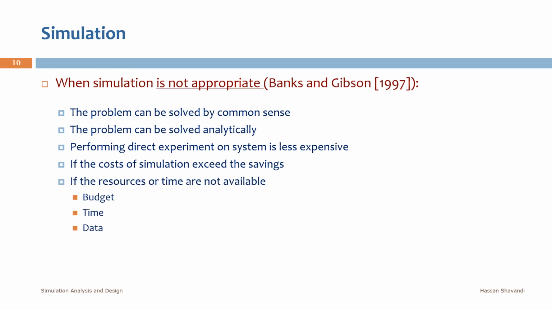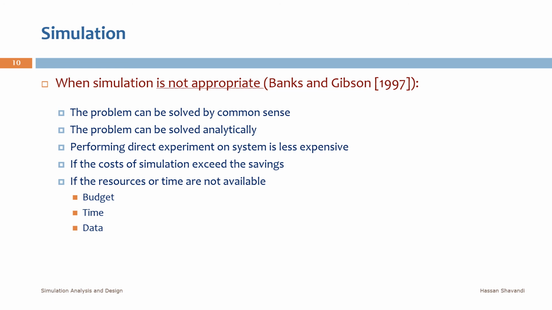Okay, and if the resources or time are not available. When we talk about resources, we mean budget, time, data. If you don't have data about the history of the system, we can't actually build a simulation model, because we usually fit the probability distributions based on the historical data.